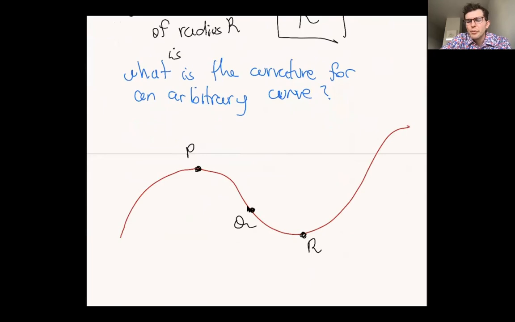So the curve is less curved here compared to P and R. And like the idea of how the curvature is defined, there's a general definition.